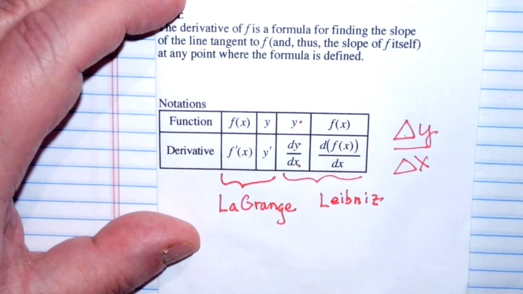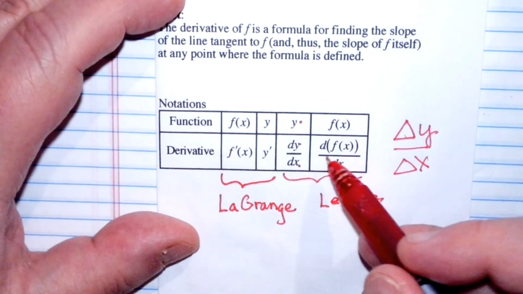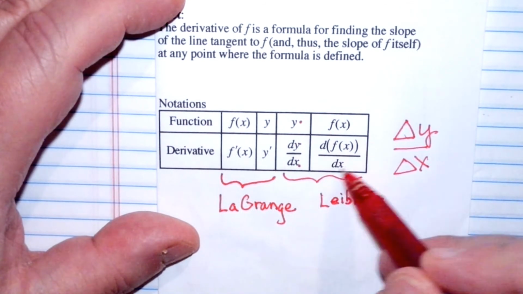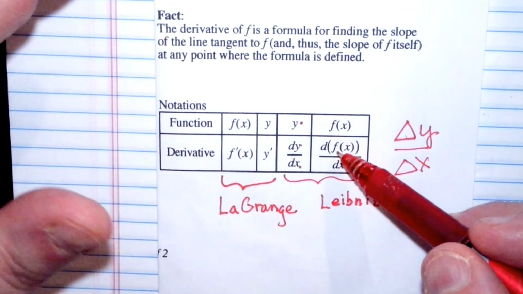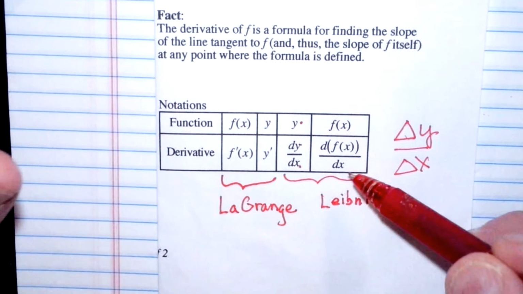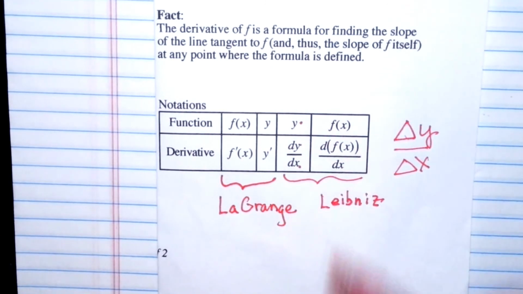And if the function is denoted f of x, then the derivative is d of f of x over dx. You read this as the derivative of f of x with respect to x, or the derivative of y with respect to x. Or, if it's clear, you can just say the derivative of y.